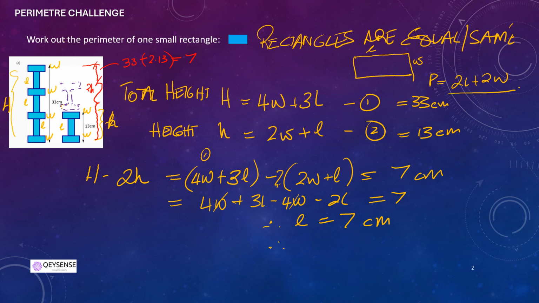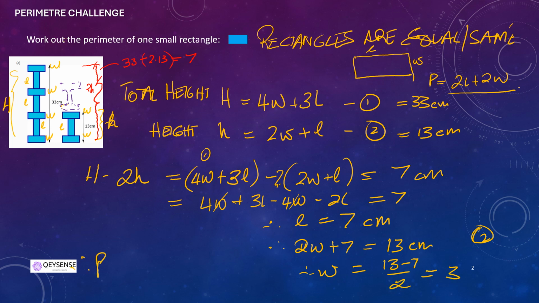And therefore 2W plus 7 equals 13 centimeters, which is equation 2. We're just adding in the values. So W equals 13 minus 7, divided by 2, which equals 3.